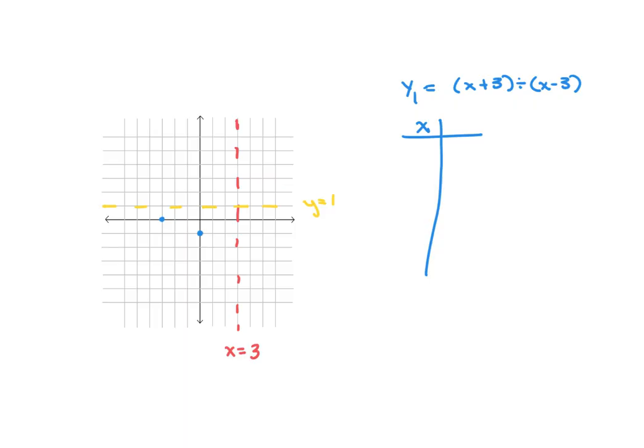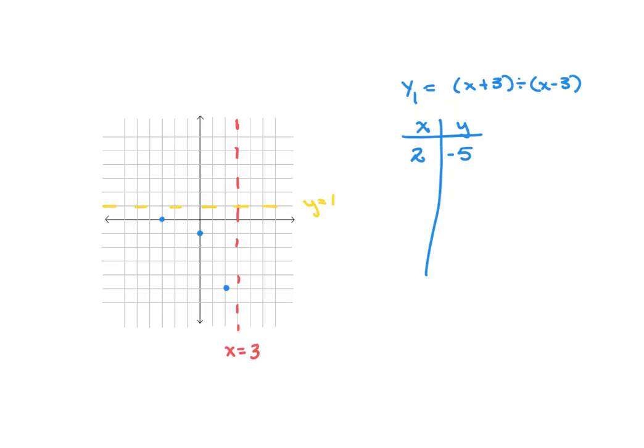I'm going to go with x equals 2, and when x equals 2, y equals negative 5. The more points we have, the better shape we have. But we do have our minimum of 2 points on the left side.